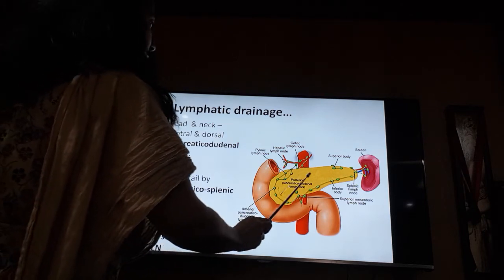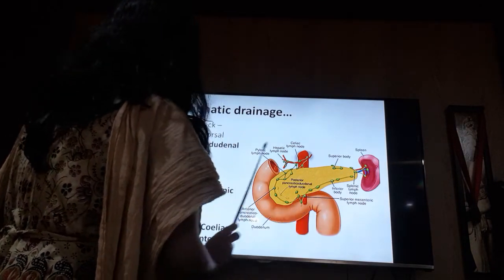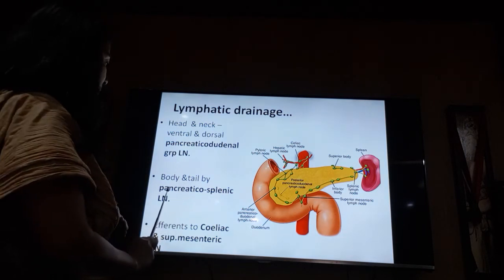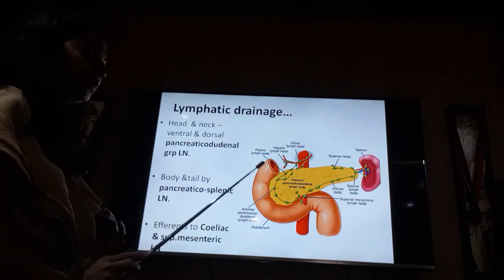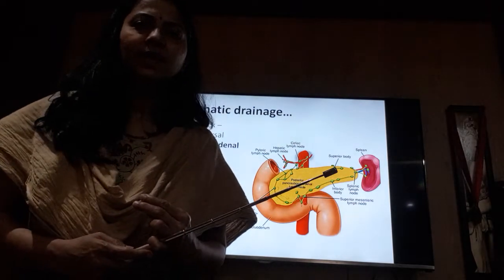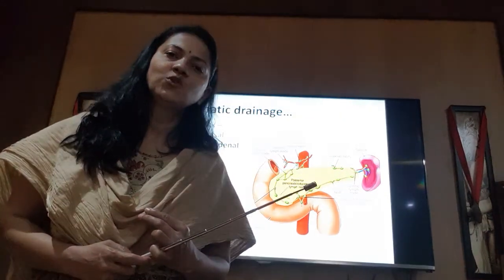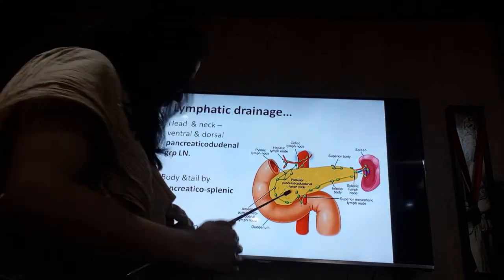Body and tail, now this is the body, this is the tail, now it is going towards the spleen. So body and tail are drained by pancreatico-splenic lymph nodes. And the efferents, as I have already said, will go either to the celiac lymph nodes or superior mesenteric lymph nodes depending on the area.